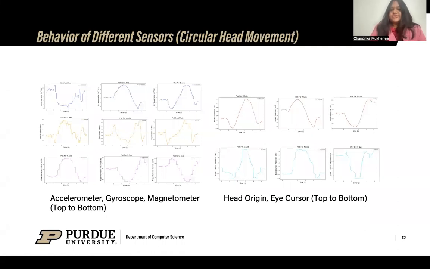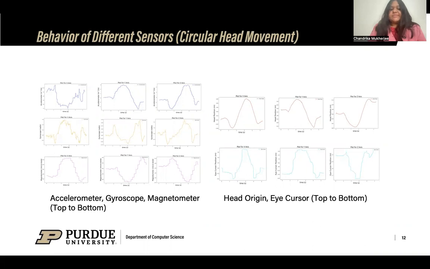Here the user was instructed to do a circular head movement. This slide shows the different signals captured by different sensors in HoloLens 2. At the left at top, the first signal is from the accelerometer, which is the linear acceleration. Then the gyroscope detects the rotational movement.